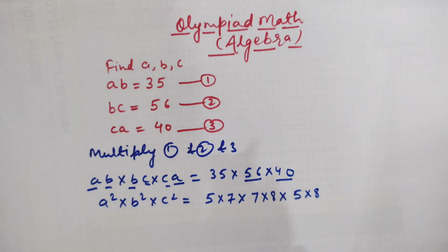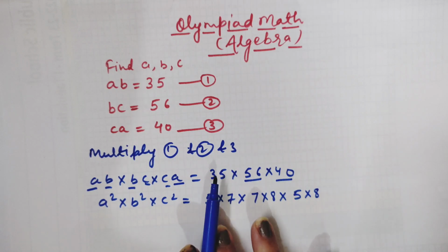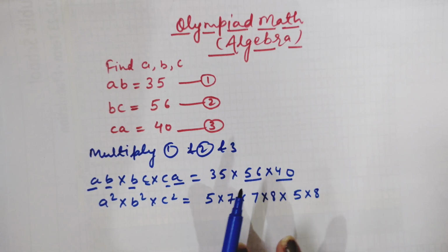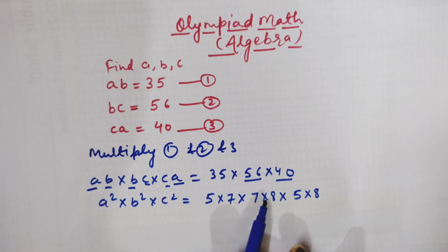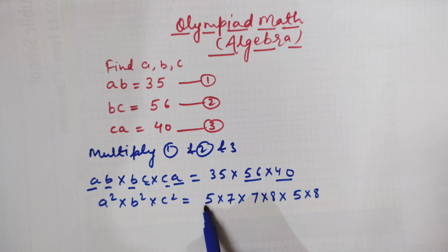Overall, 35, 56, 40 we write as products of 5, 7 and 8. So focus on the numbers 5, 7 and 8 only.